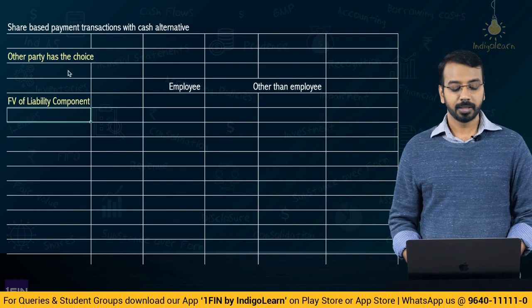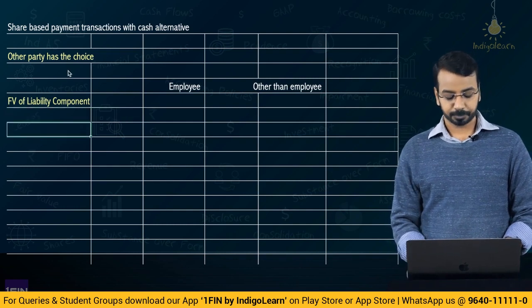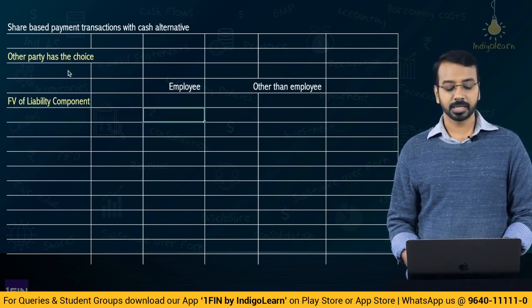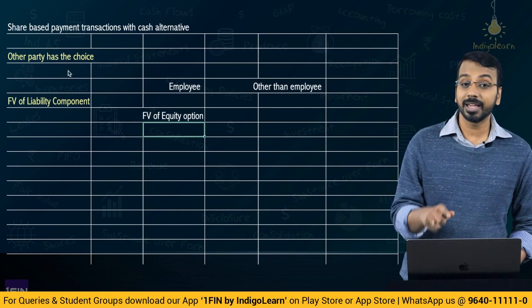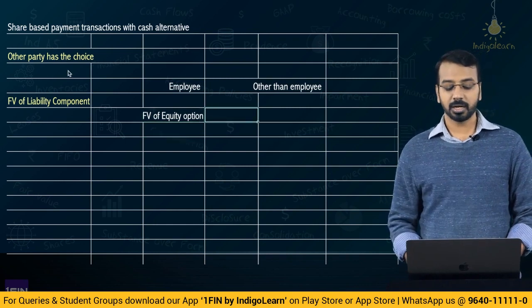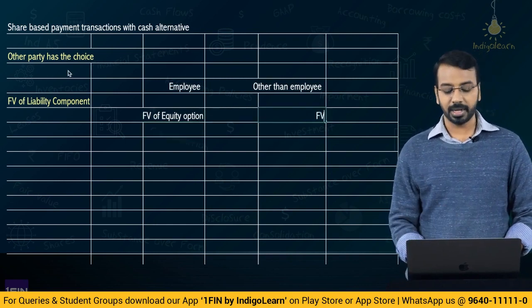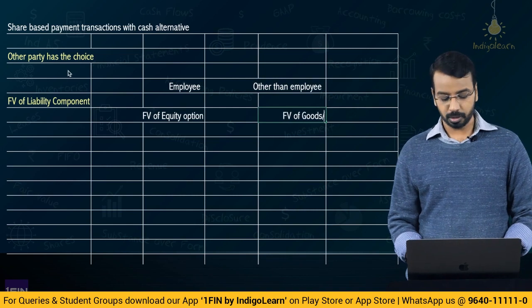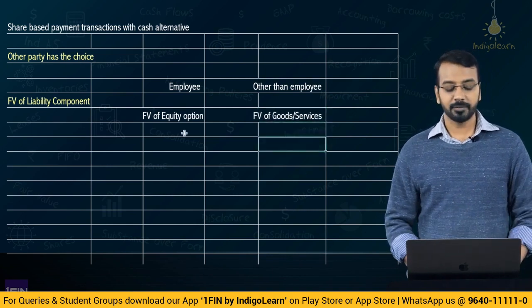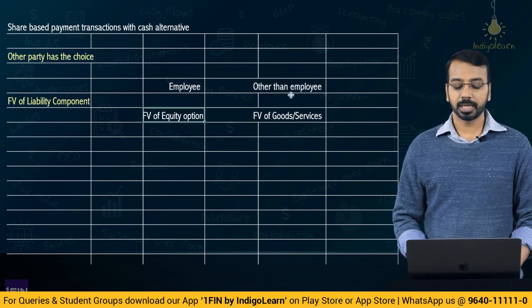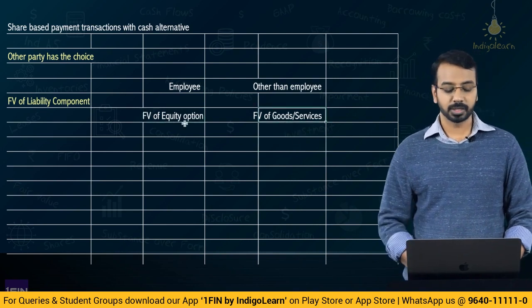Then you also need to determine, in case of employees, what is the fair value of equity option. So, you are determining the total fair value of the equity option, and in case of other than employee, you will determine the fair value of goods or services. So for employee you will determine fair value of equity option, for other than employee you will determine fair value of goods and services.